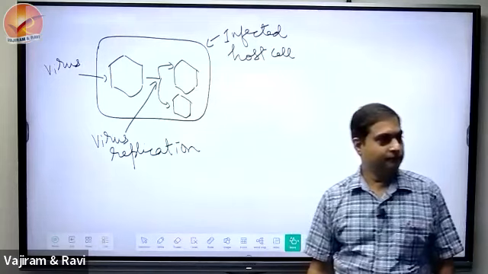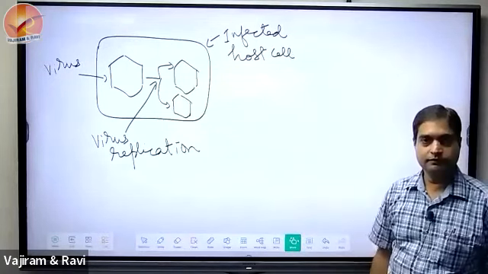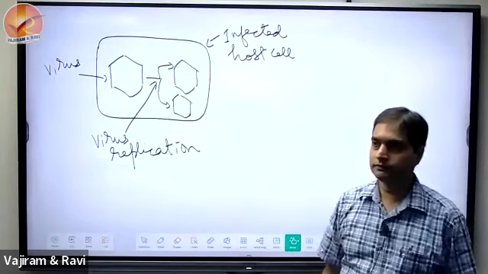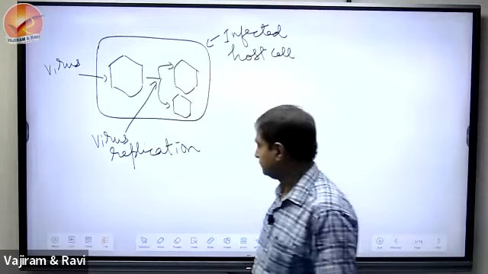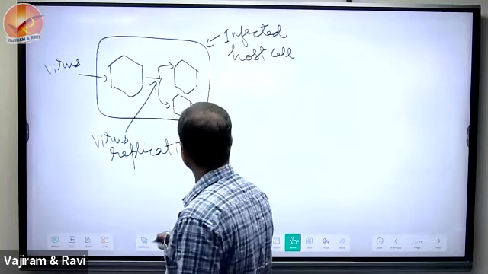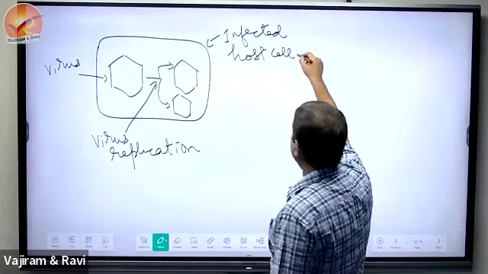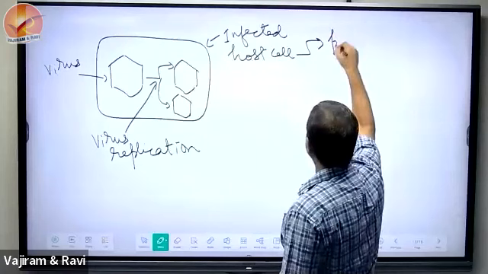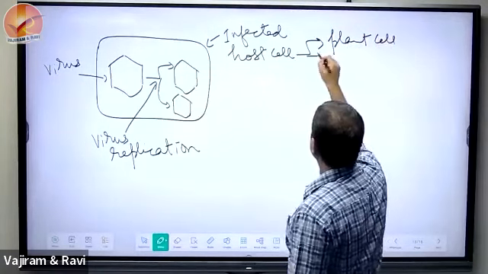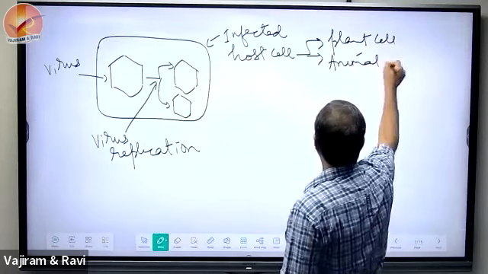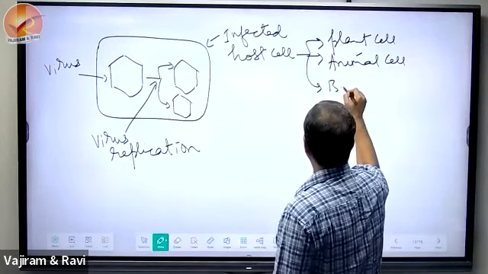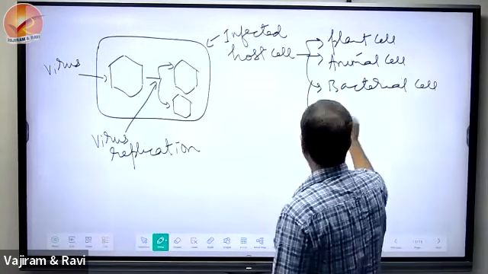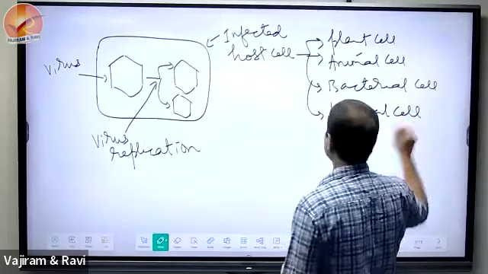So we can see an infected host cell inside which the virus is replicating. Replication means multiplication. So we discussed just now that the host cell can support virus multiplication. This host cell could be a plant cell, animal cell, bacterial cell, or a fungal cell also, any one of them.